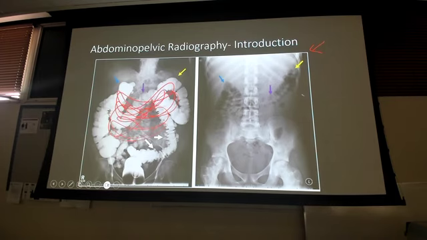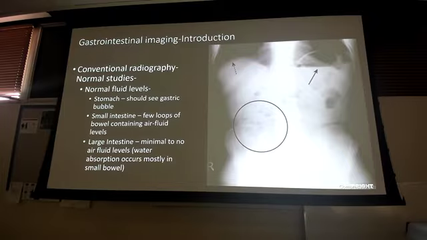And we'll see some pictures of what it looks like when we highlight the small bowel, and then the difference will stand out just a little bit more. But right now, we're focused on the large bowel stuff and looking at more normal studies, right? Just like in past blocks, I give you lots of different types of normals so you can see what they look like, so you can understand what normal is in order to figure out what abnormal is later.